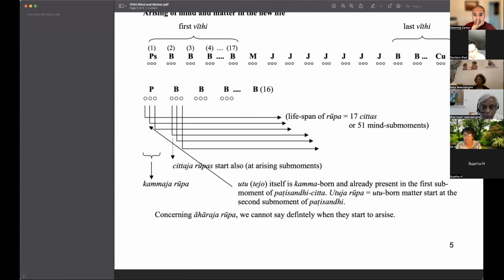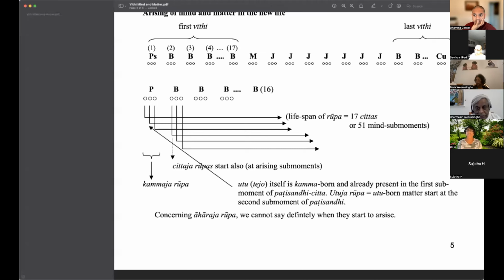If you go back to the chart, the karmaja rupa, chittaja and utuja rupa chart, the component of the rupas in this undecayed, called mutability undecayed, is the same for consciousness-born, temperature-born, and nutrition-born. But in what respect does it differ?